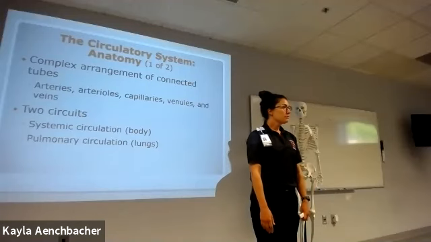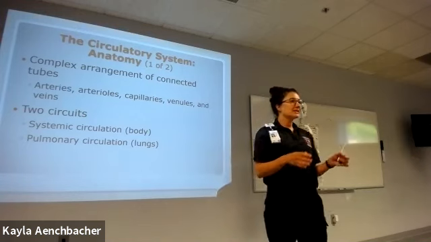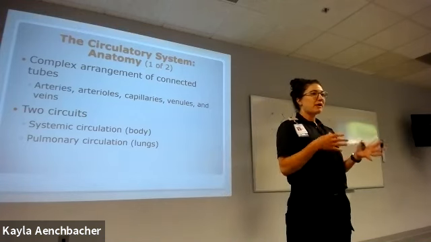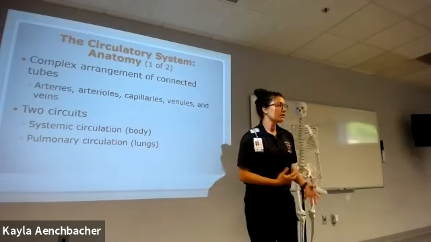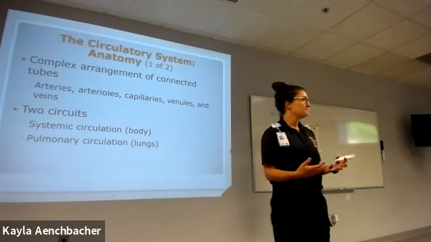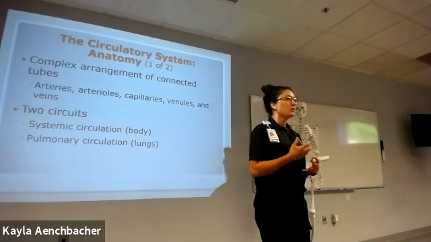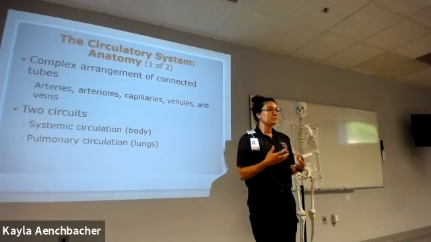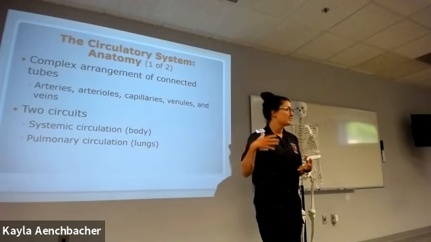Okay, so remember that CO2, it's an acid, right? It's a byproduct of all of these cells doing their job. They have to have energy to do what they're supposed to do, right? Them actually utilizing that energy to perform their function, a byproduct of that is going to be that CO2. It's going to be that waste.